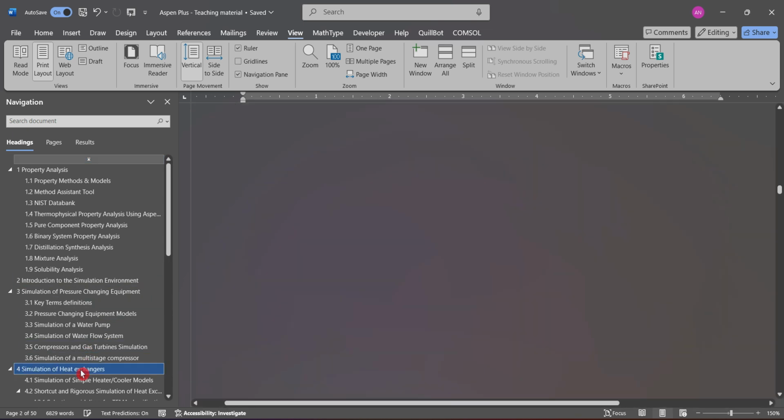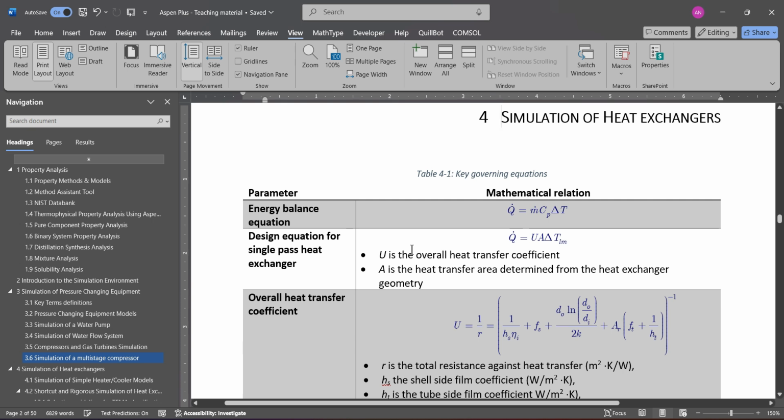So let's skim through some basics before we jump into the real simulation. So here are a couple of terminologies and some governing equations you need to be aware of before getting into the simulation. We normally use two equations for the calculation of heat duty.